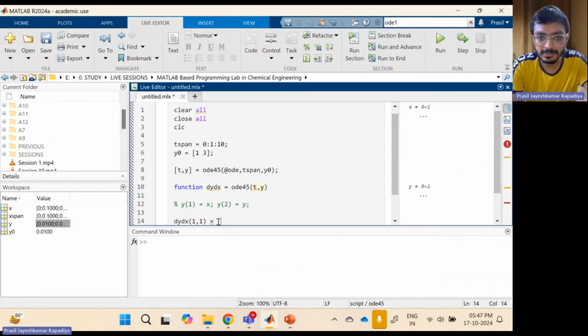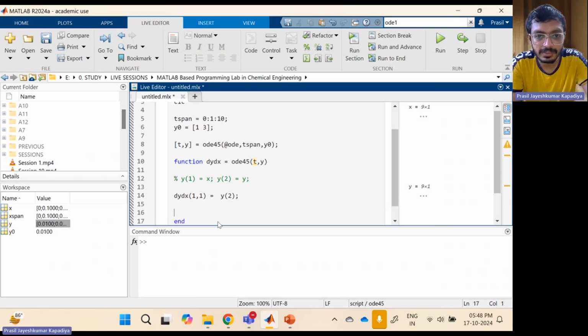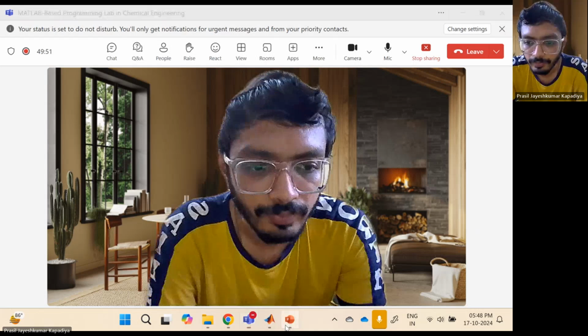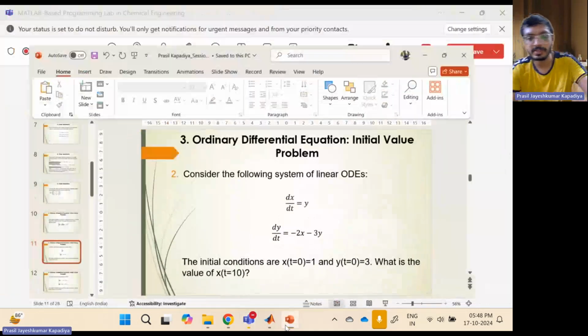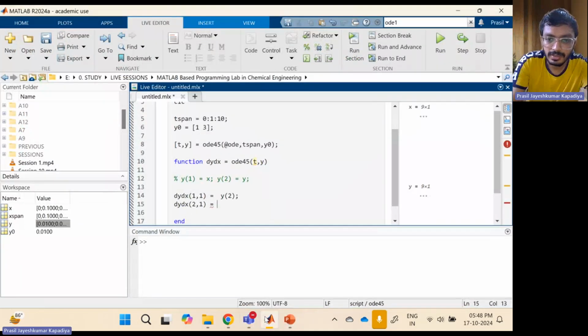So my first equation is y, which is my y of 2. Correct. And my second equation, dy/dx, second row and first column, is equal to minus 2x minus 3y. So that is minus 2 into x, x is y of 1, minus 3 into y of 2. Okay, so I have written down my equations.